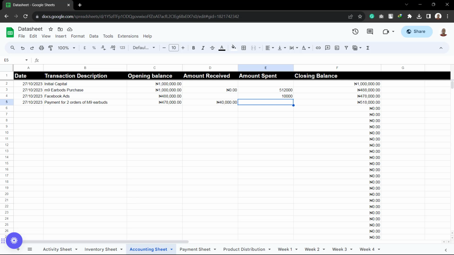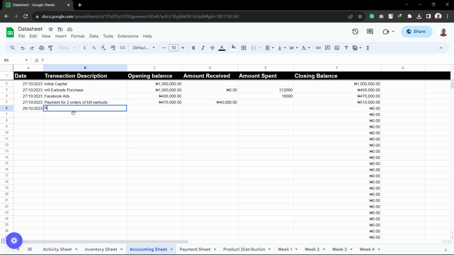The next day is 28. So we input 28 of October 2023. What will our opening balance be? 518 thousand. Let's say today we had to send some items for returns, for example, and we had to pay for them to be sent back, maybe with GIG, and they charge us maybe 2,000 naira for it.